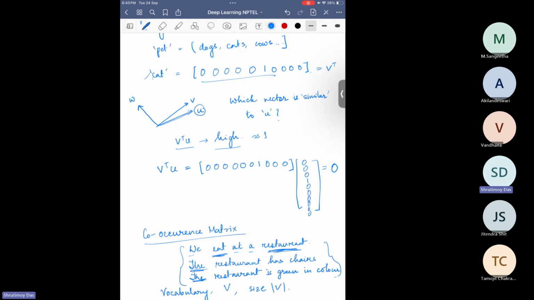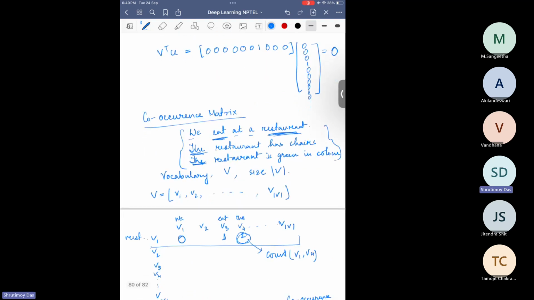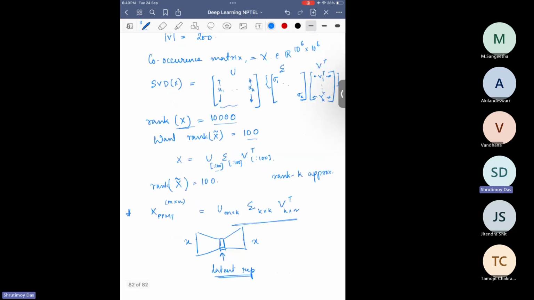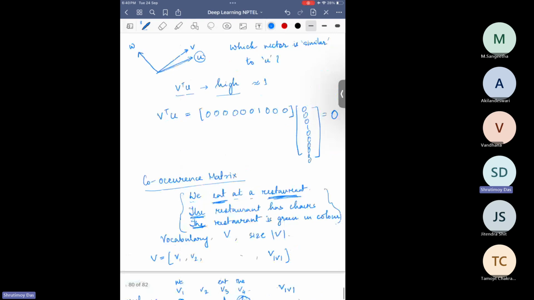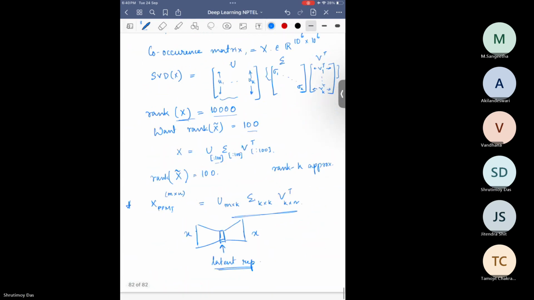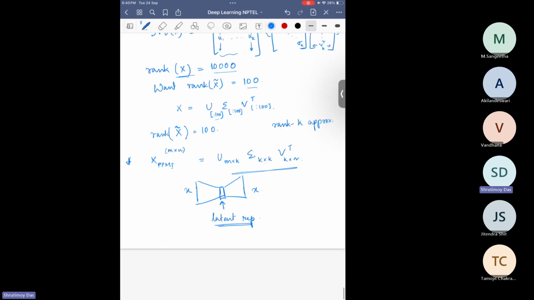Or in this example, the vector which represents restaurant and the vector which represents eat should be close to each other, right? So SVD helps to capture this information as well. We did not have that provision in one hot representations. But now when we're doing an SVD of, say, the PPMI matrix, we have that information.